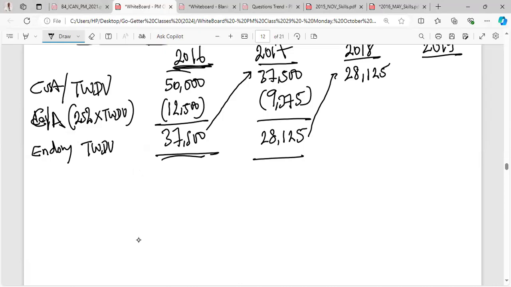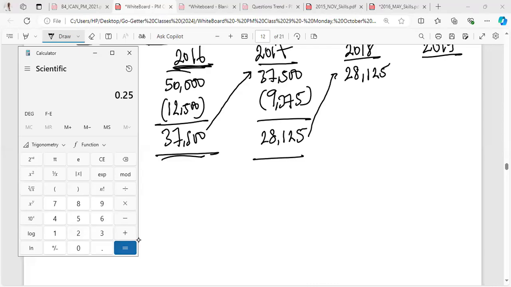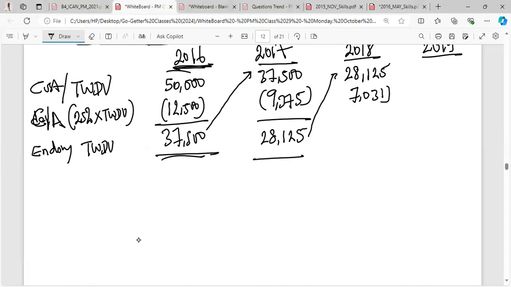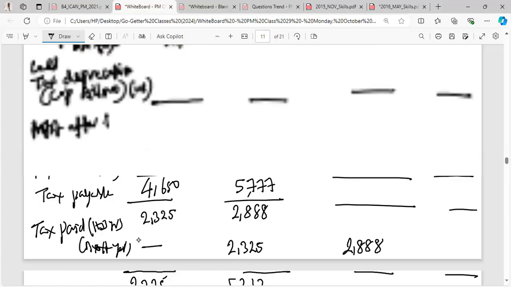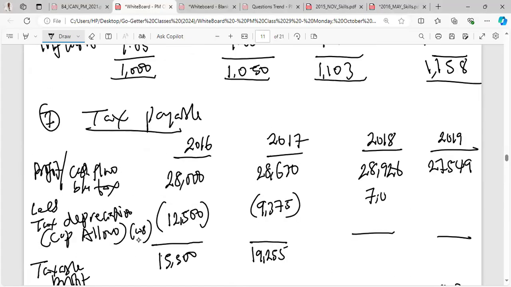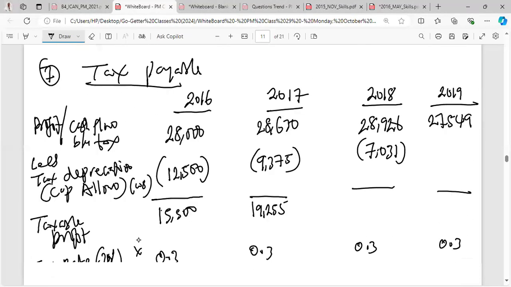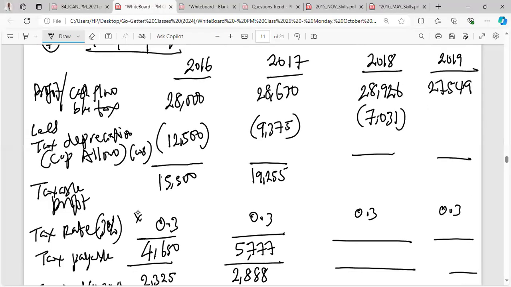So we'll take 25% of it now as our capital allowance. 28,125 multiplied by 0.25 gives me 7,031. That's our depreciation.